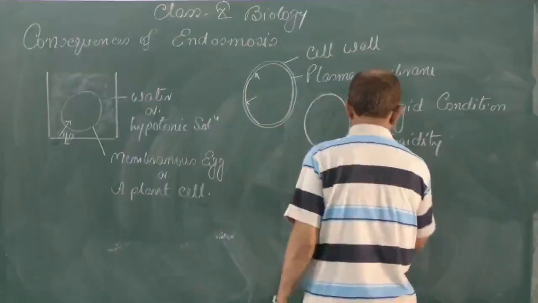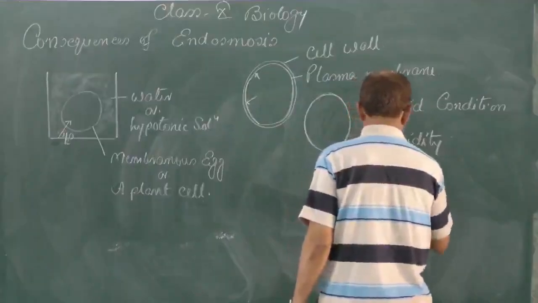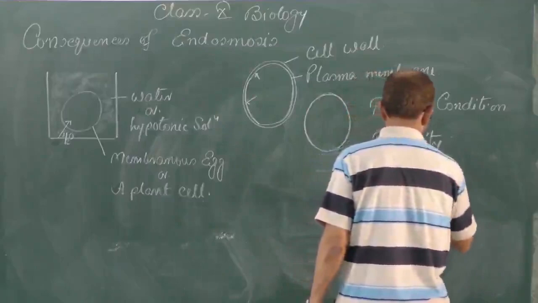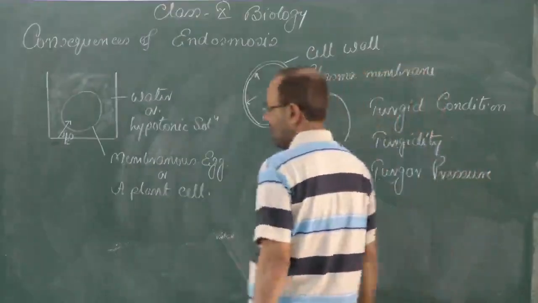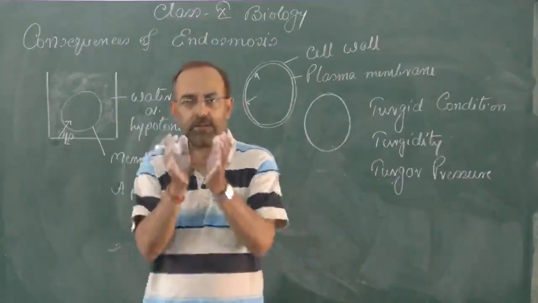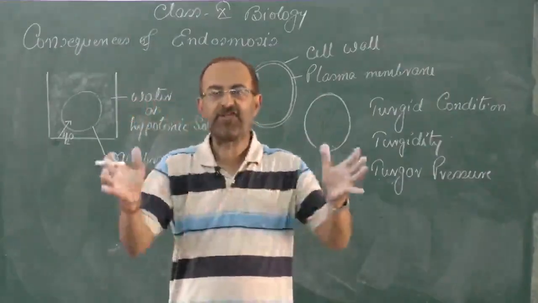Now, turgor pressure. So due to turgidity, why is the plasma membrane stretched?